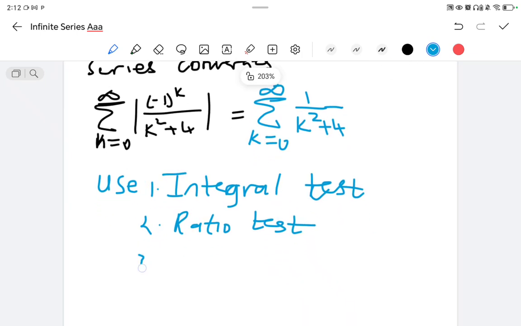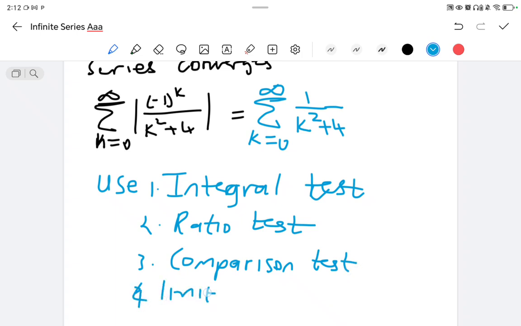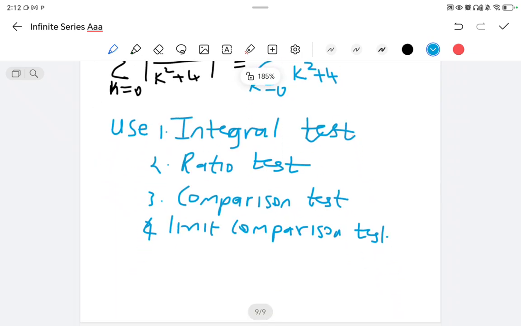You can use, what was the other one? Yeah, he said comparison test. We can also use the limit comparison test, right? Yeah, we can use this. But you can use any of these.